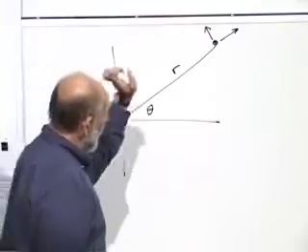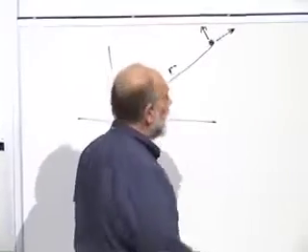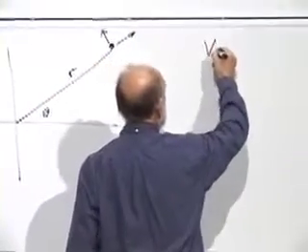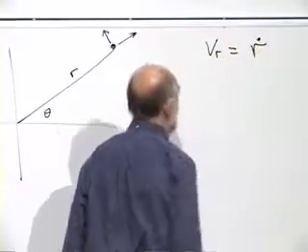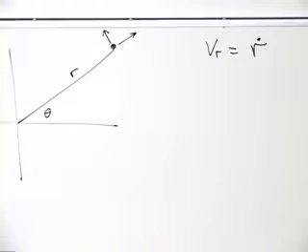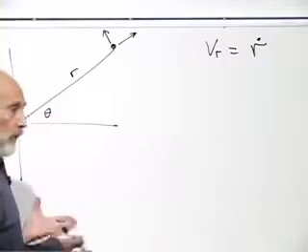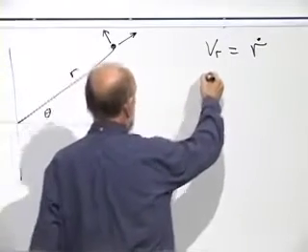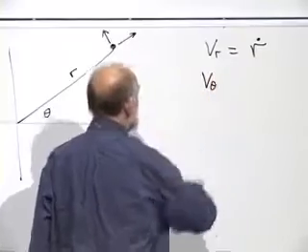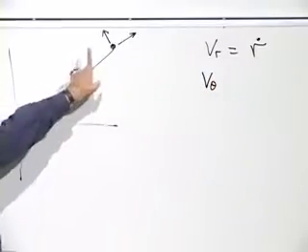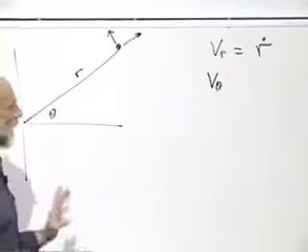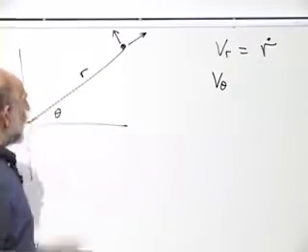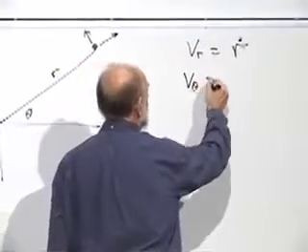Right? The component of the velocity along the radius vector, let's call it v sub r, is just r dot, the time derivative of r. The other component, which I can call v theta, means the component of the velocity in the direction perpendicular to the radius. That's not theta dot, but it's r times theta dot.